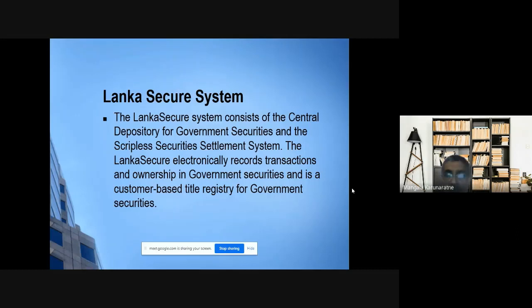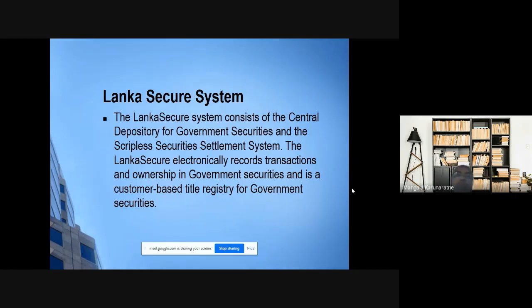So if you need any clarification on anything I have talked about up to now, you can ask, because now I'm going to explain how scriptless securities get settled through the Lanka Secure System, and how we do it. Actually we use the same method, Swift, but if you have any issue with regard to RTGS, just ask me, then we can discuss, and also we can move on to the next area.